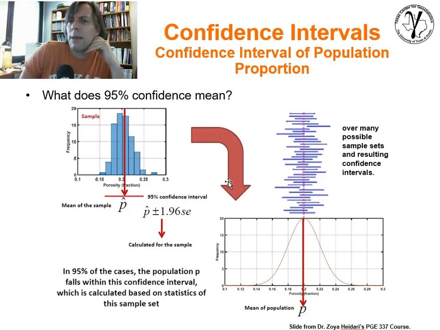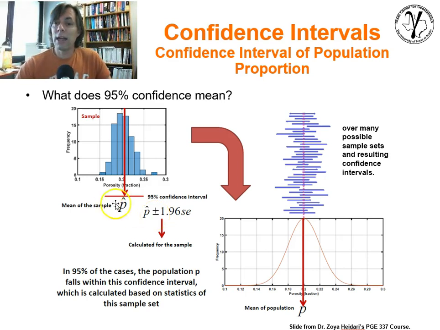What's another way to think about confidence intervals? What does a 95% confidence mean? If we're talking about proportions or fractions, and we've developed a confidence interval for it at the 95% level, we have the proportion estimate from the sample data plus or minus 1.96 standard errors. And so we go ahead and calculate that.